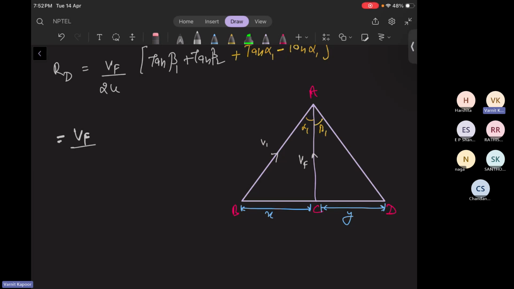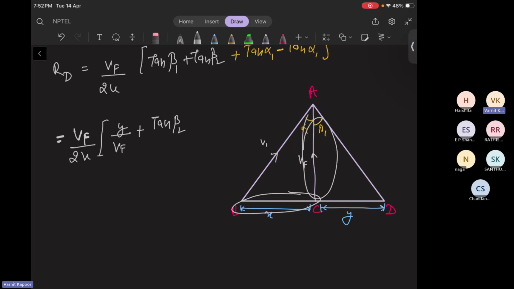So it is VF by 2U, tan beta 1 is Y by VF, plus let us keep tan beta 2 as it is. What will be tan alpha 1? It will be X by VF. Plus X by VF, and let us keep tan alpha 1 as it is. Oh, sorry, tan alpha 1 only. I subtracted and added the same term. My bad.